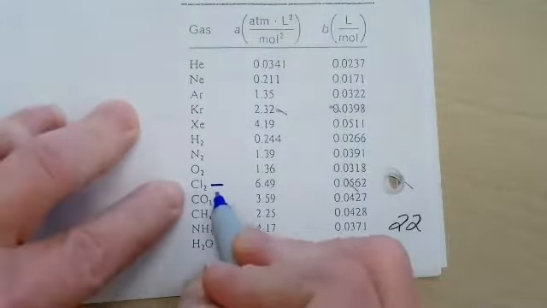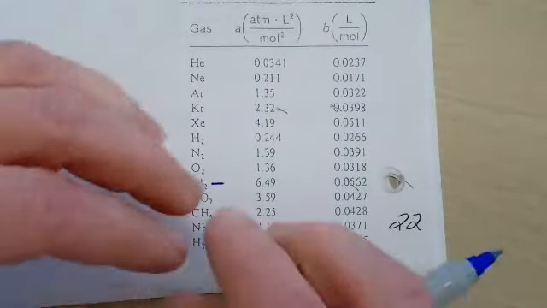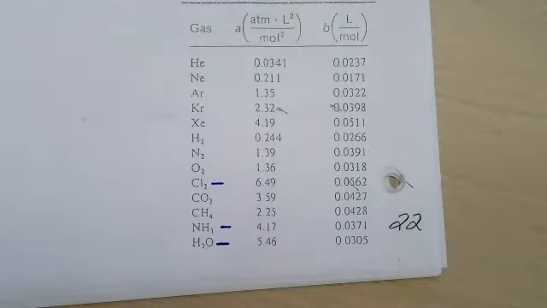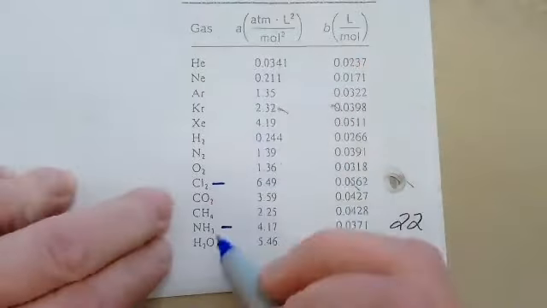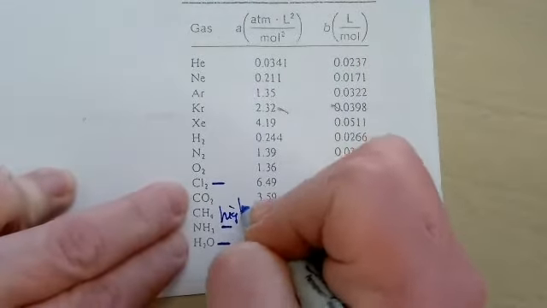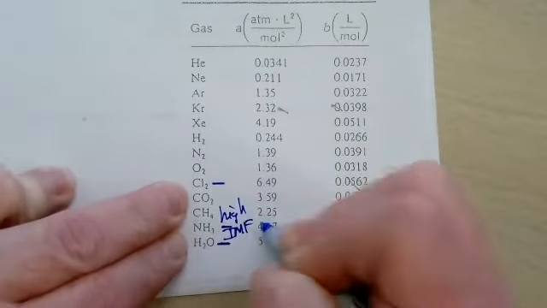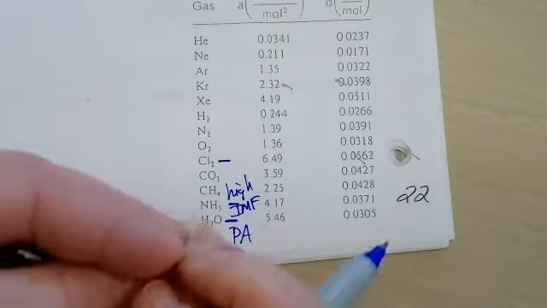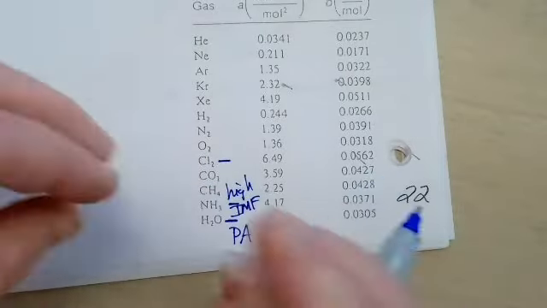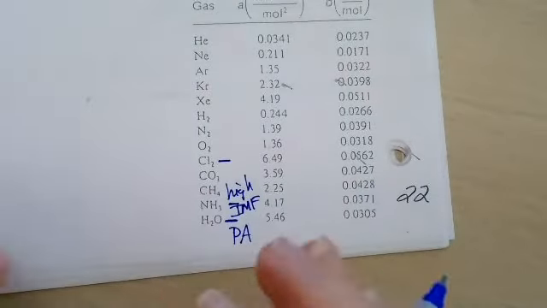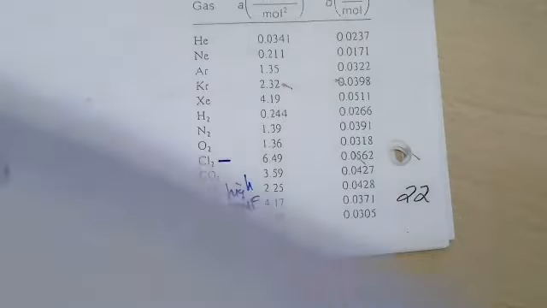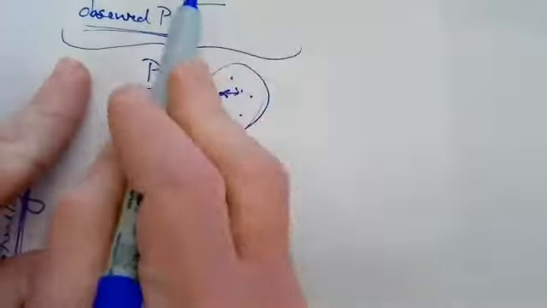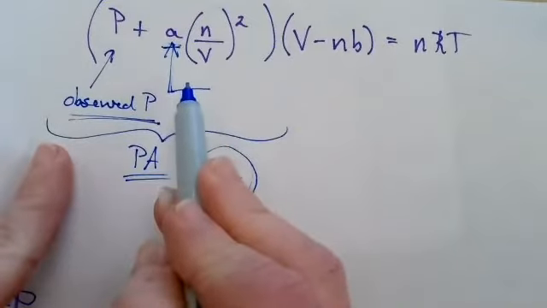Well, these are either polar molecules or they have pretty high London dispersion forces compared to these. So these have high intermolecular forces, so they're showing more particle attraction. They're holding back more of each other, so they're not colliding as forcefully. And so we need to add a greater factor.